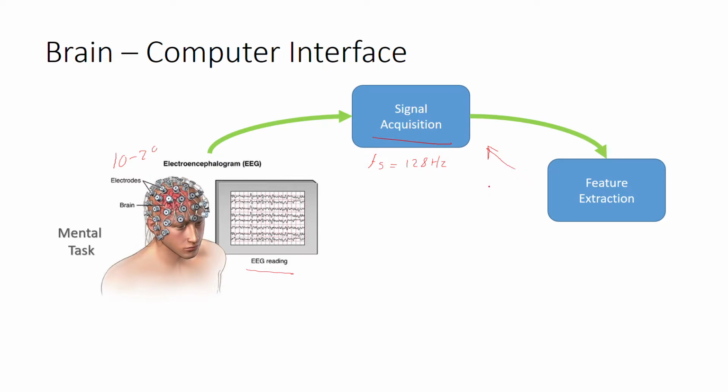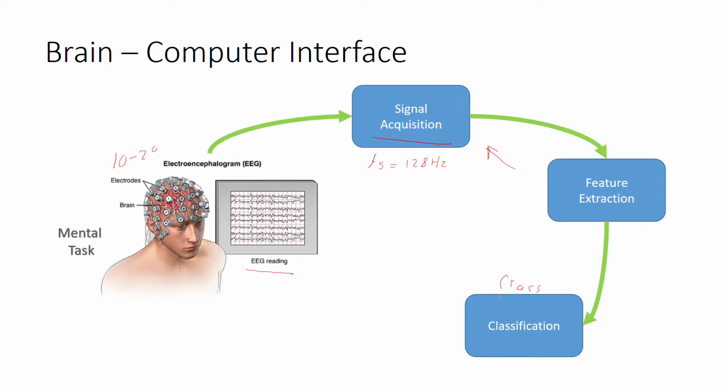Why? Because you need to select the features then, because you need to classify them. You need to assign a class to a set of these features extracted from the signal. And then this class corresponds to the mental state identified.